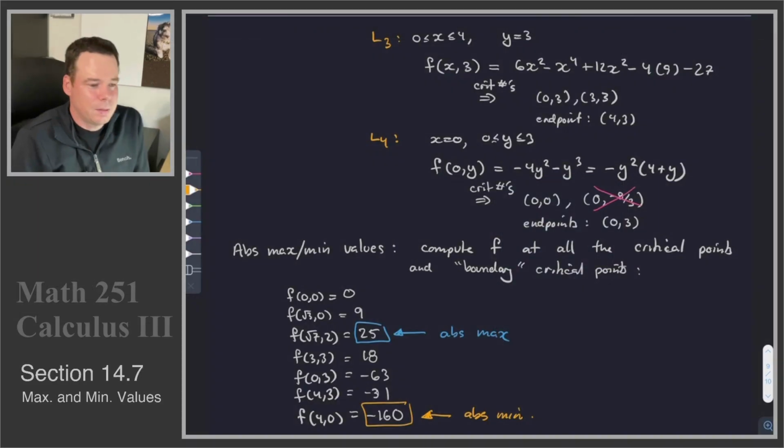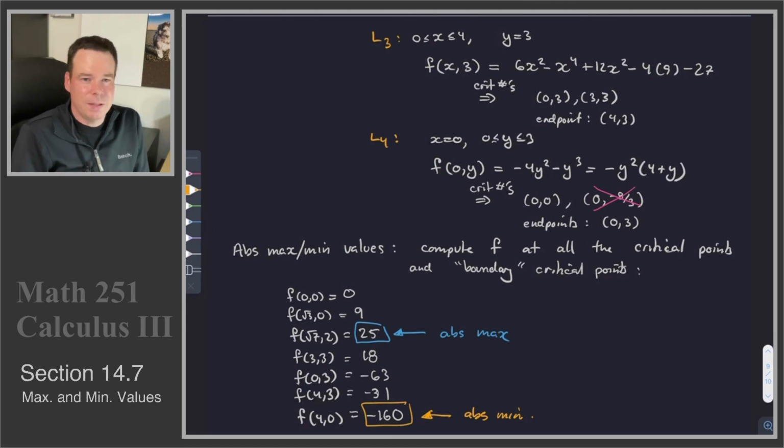Okay, so that's it for this example. The main takeaway from this example is that in order to find the maximum and minimum value of a function on a closed, bounded domain, we're going to have to do a critical point analysis inside the domain and then a boundary point analysis around the boundary curves. And those are reducing the problem to calculus 1 problems.